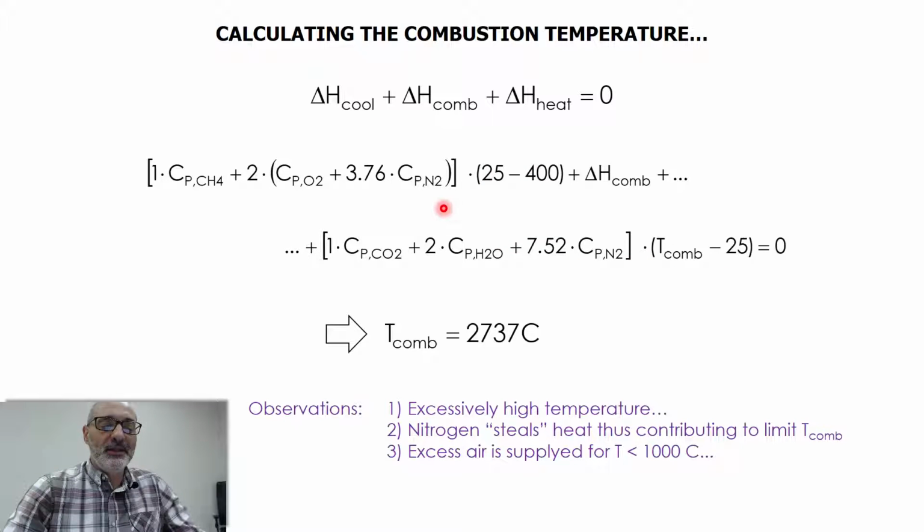So there is heat being stored by nitrogen. So what we do, we're going to supply more than necessary air in order to cool the reaction. Okay? So we work, as we say, with excess air, and we can do the calculations.